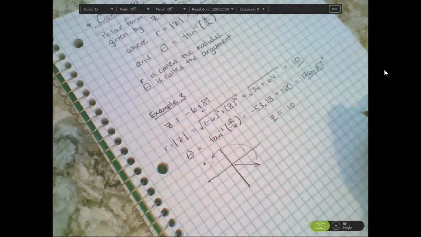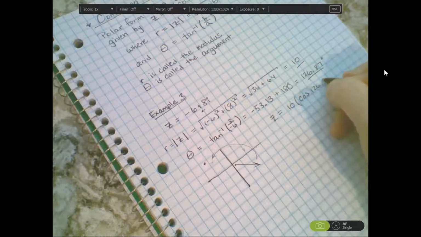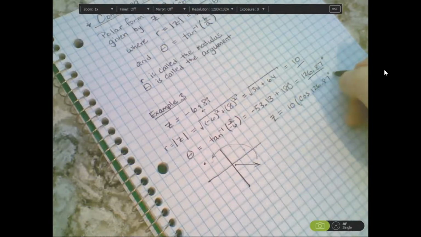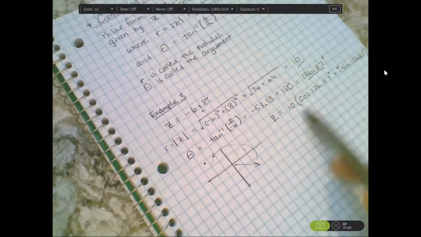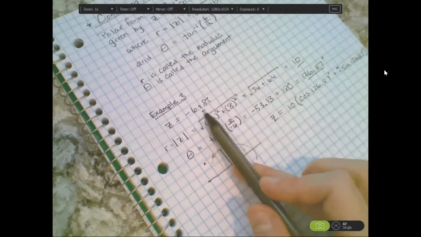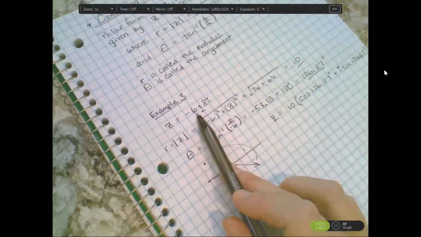We've got our R and then parentheses cosine 126.87 plus i sine 126.87. This is the complex form of this number that we started out with. That's what that means.